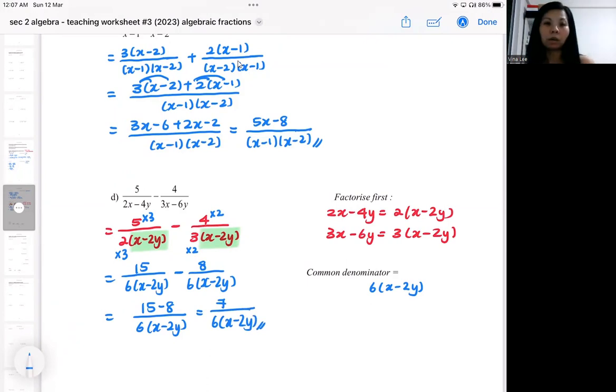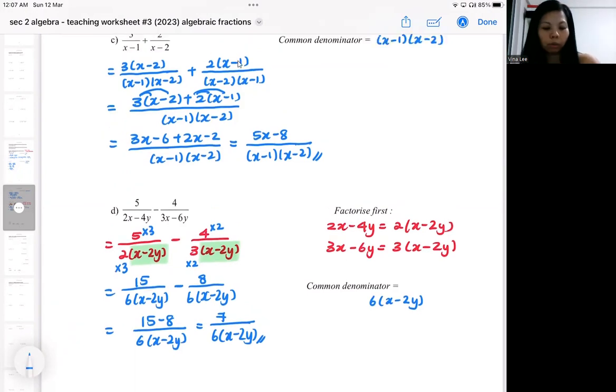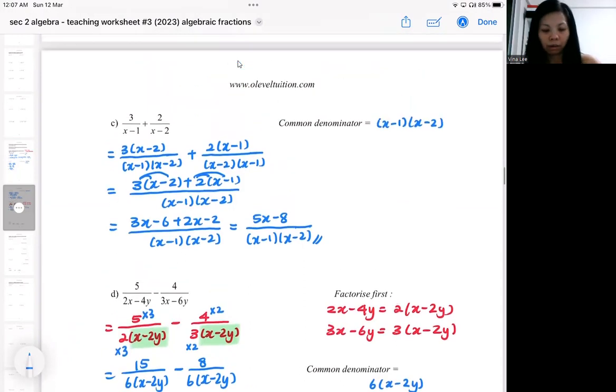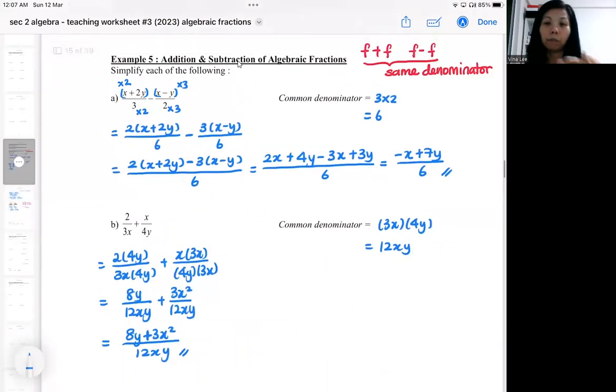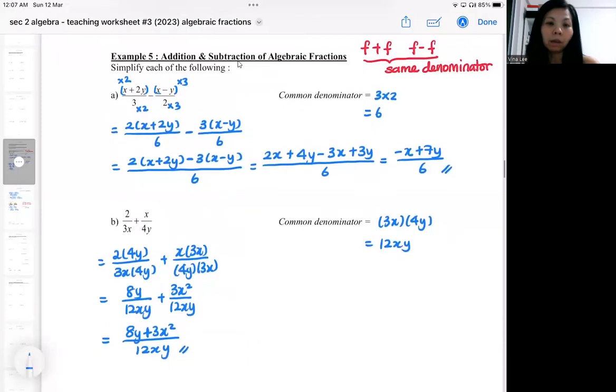Okay, so this is one of the kind where you don't see in Sec 1. In Sec 1, the denominator will not need you to factorize. Right now, before you make same denominator, you got to be very sensitive to the denominator that you can factorize. So you look at the level of making same denominator. In Sec 1, your denominator starts with number.